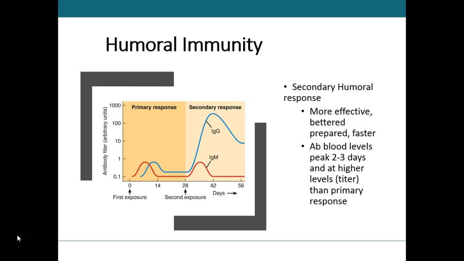So during that first response, the response to a particular antigen, only a few cells have the correct specificity to respond. So the immune response can take several days to build up to maximal intensity.